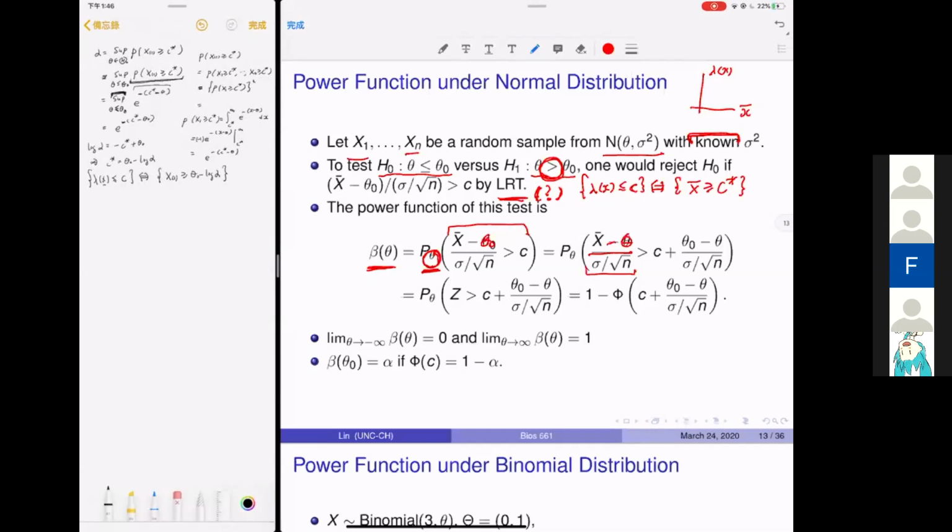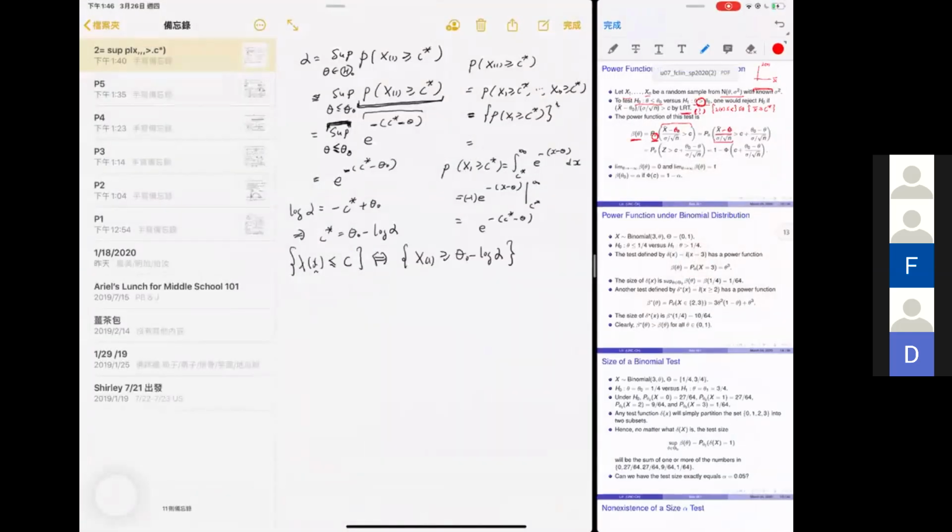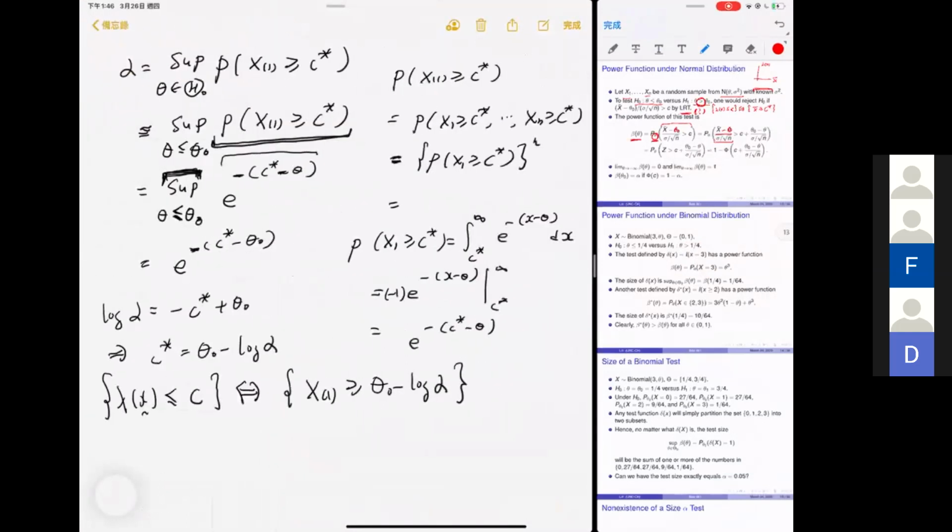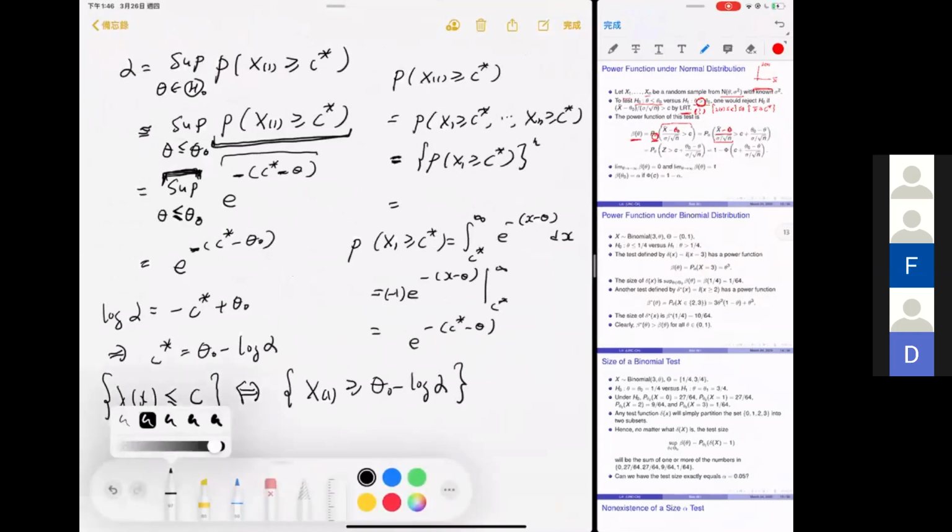Anything else? Did we miss something in the power? I've been writing too quickly. I think we missed the n in the power. So this guy should be n, right?